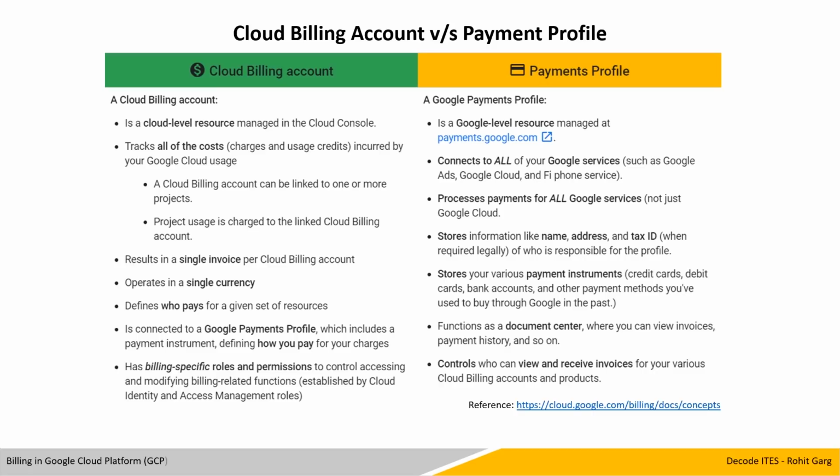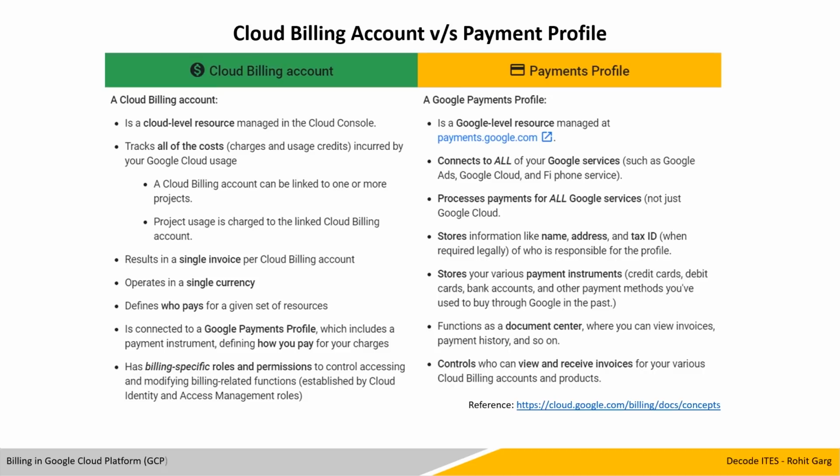Whereas a payment profile ensures all payment is successfully credited to the Google account on the basis of cost generated by the cloud billing account. A cloud billing account results in a single invoice per billing account, whereas a payment profile can have multiple bills and invoices for your Google Cloud environment or for different customers.